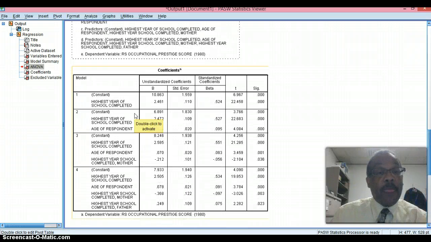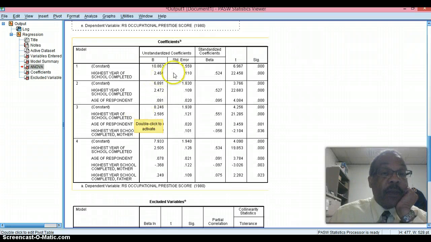All right. Again, we look at the coefficients and we see that we could build a model with just one independent variable, which is highest year school completed. We could build a model with 2 variables, highest year and age.